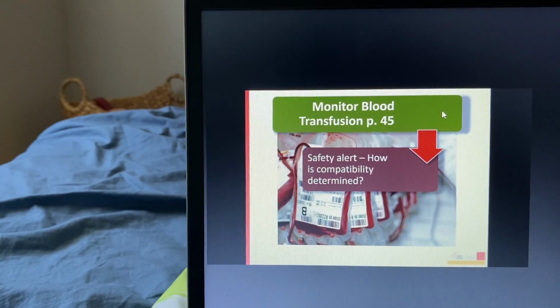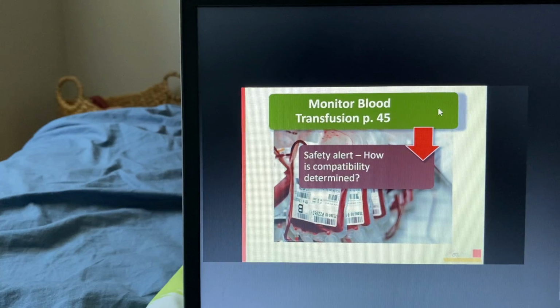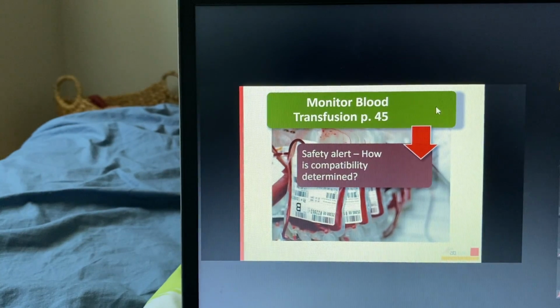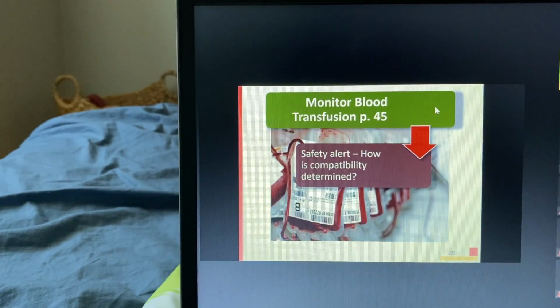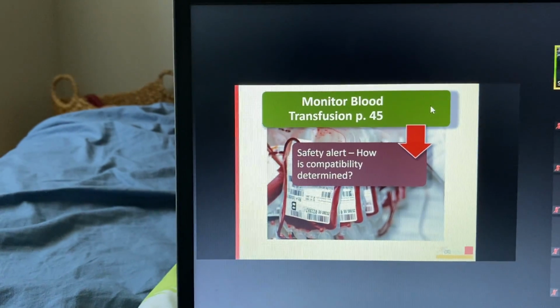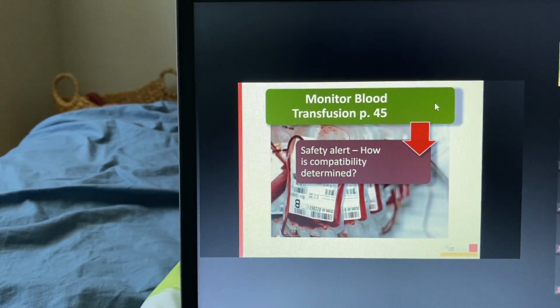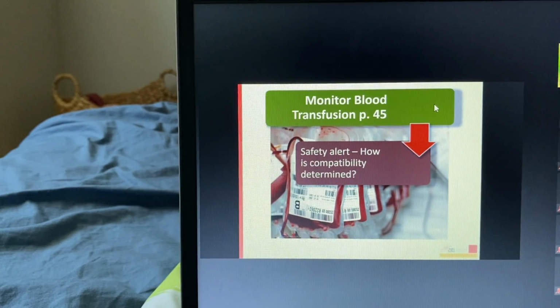So they could get O negative, O positive, A positive, A negative. Because they already have all of the surface antigens, they can get any kind of blood. So those are the most typical things to think about when we talk about type and screen and compatibility determination.